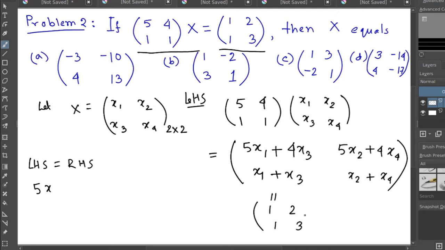If we compare component-wise, then 5x1 plus 4x3 equals 1, and x1 plus x3 equals 1.